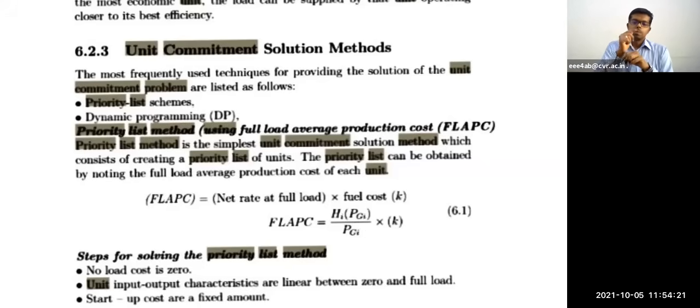It moves in a linear manner with the increase in the fuel cost, or with the increase in the heat rate. So automatically the power generation will also be increasing. So we are considering that as linear, between zero and full load.